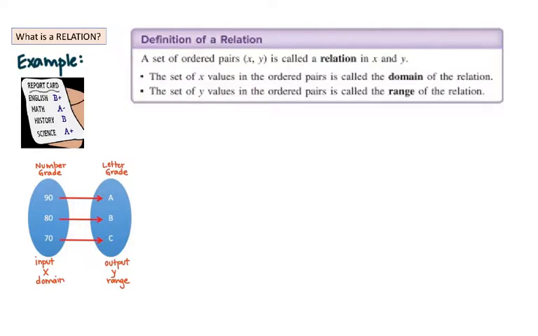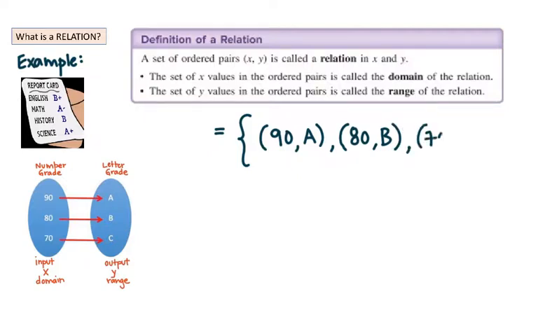So for this particular example, our set would give us the set of 3 points. 90 goes with A, 80 goes with B, and 70 goes with C. That is a relation. Or another way to say it, it's a relationship between inputs and outputs, domain and range, X and Y.